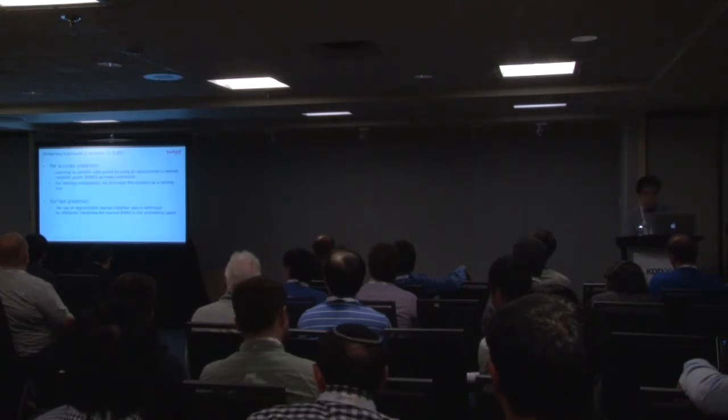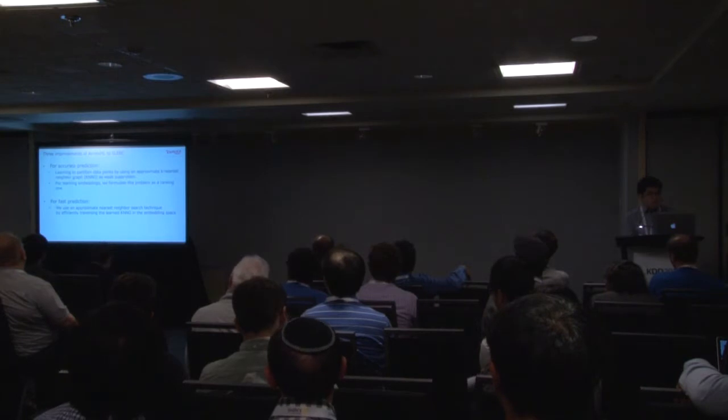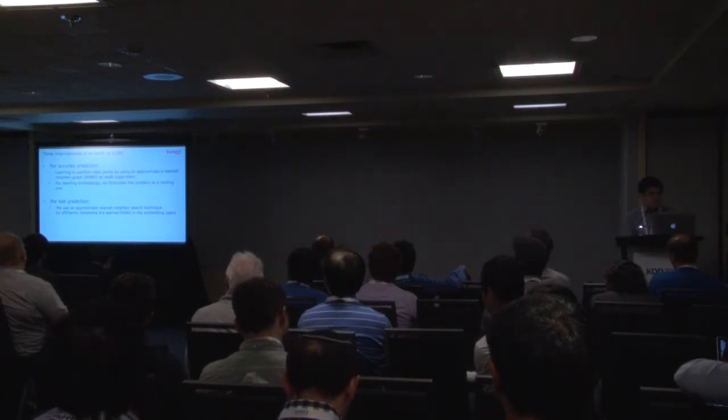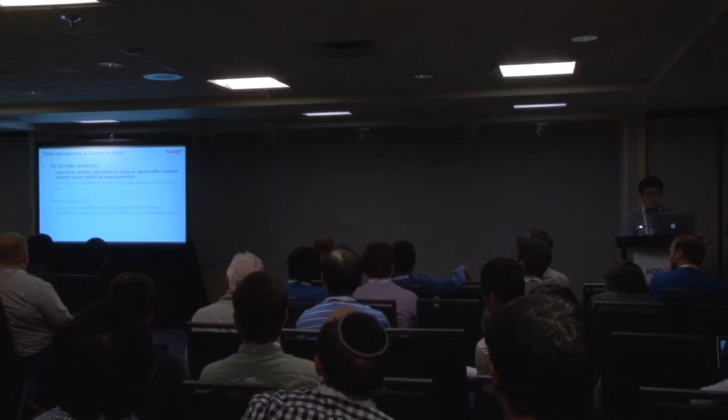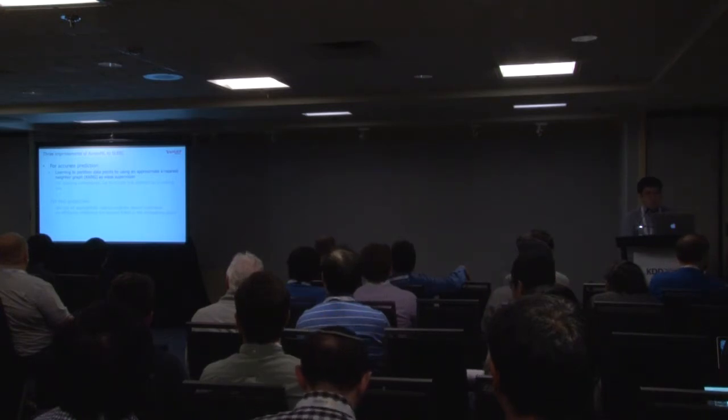We propose three improvements of AnnexML over SLEEC, two for prediction accuracy and one for prediction time. First, we introduced learning to partition data points. While SLEEC uses unsupervised k-means clustering for this purpose, AnnexML utilizes label similarities between data points.